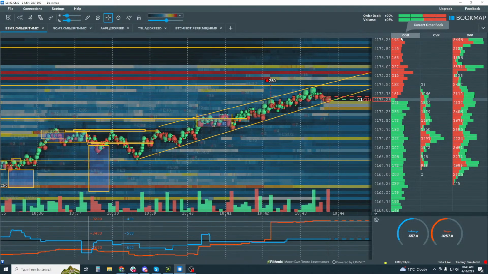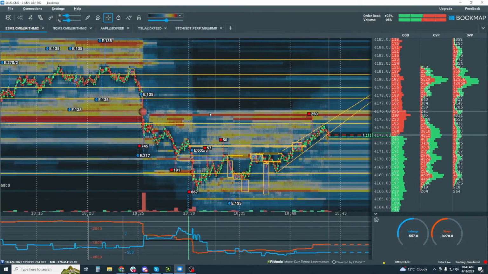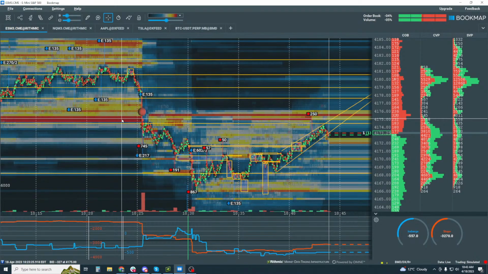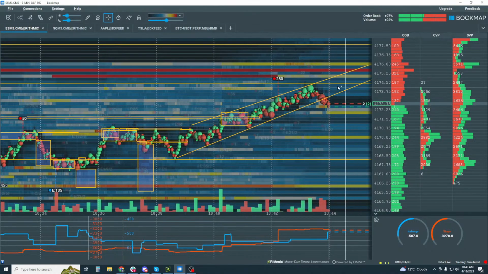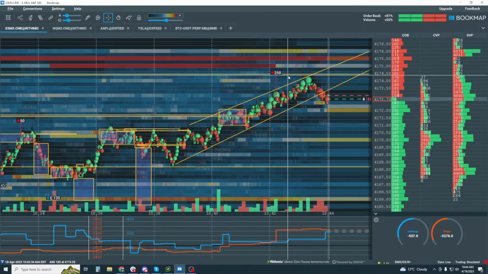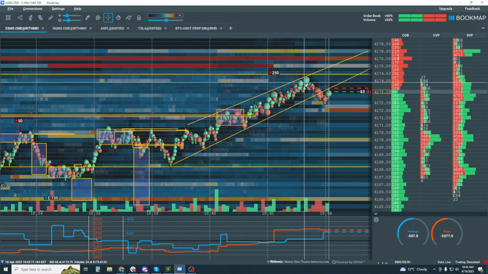Okay, you can see it in the book over here in the COB column, current order book, but they've been in here a while. This is actually where they were on the bid earlier. Now they flipped to the offer side here. Okay, here comes some selling. Does that answer your question?